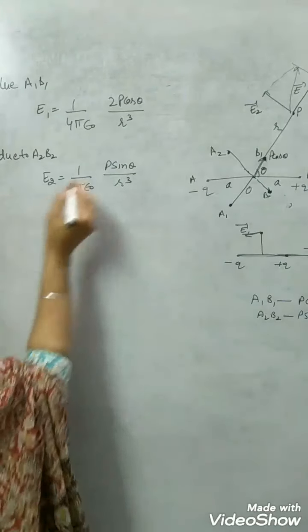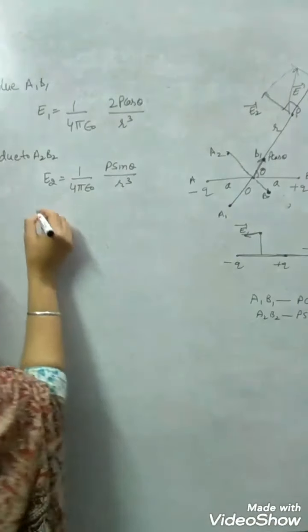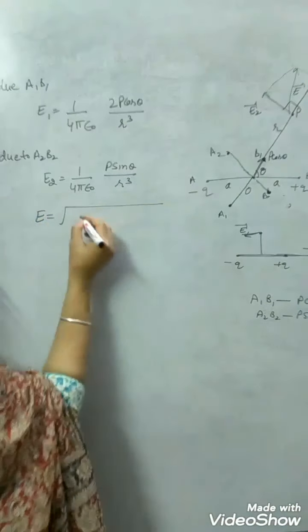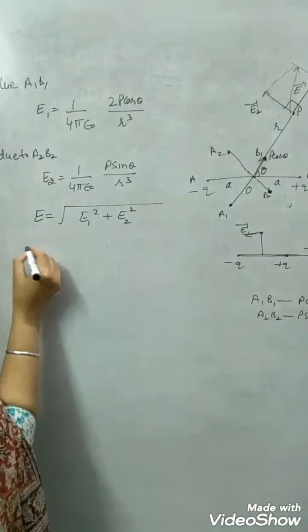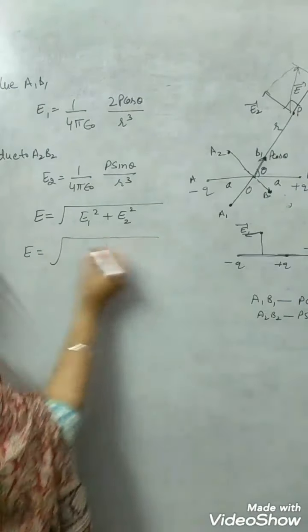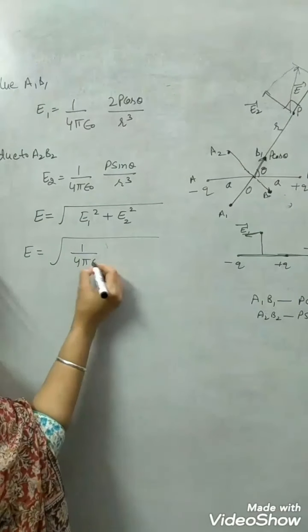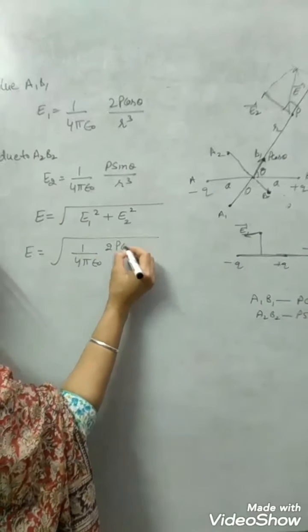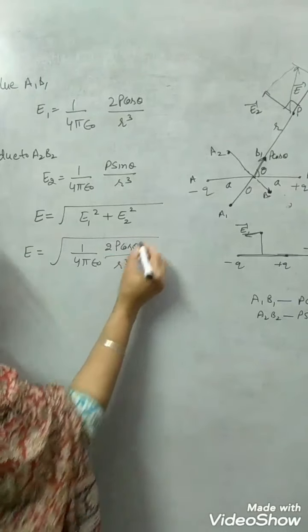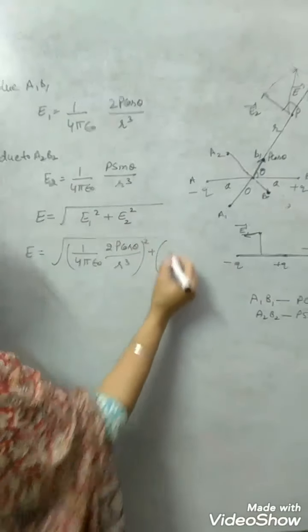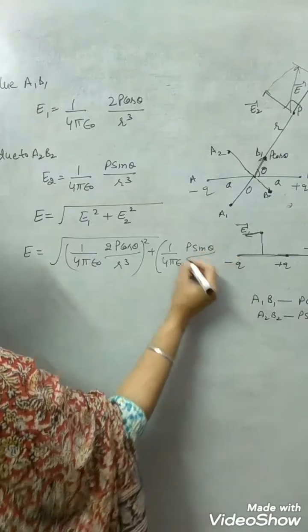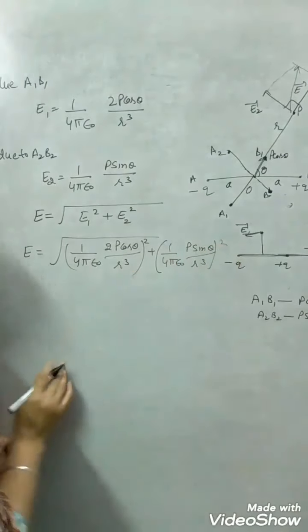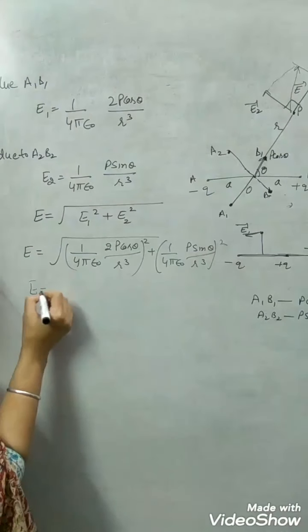This is a parallelogram at an angle of 90 degrees, so the electric field E square becomes E1 square plus E2 square, that is (1 upon 4 pi epsilon naught, 2p cos theta upon r cube) square plus (1 upon 4 pi epsilon naught, p sin theta upon r cube) square. Then what do we have?